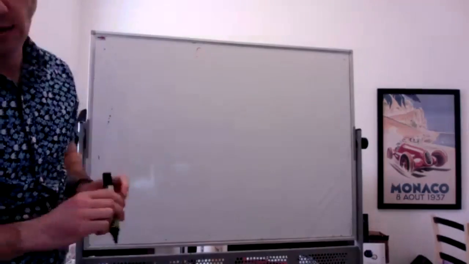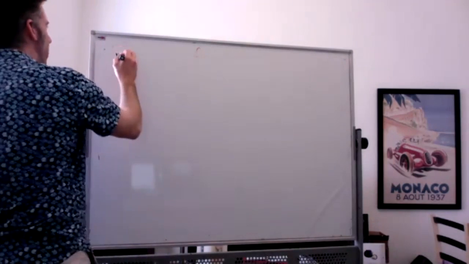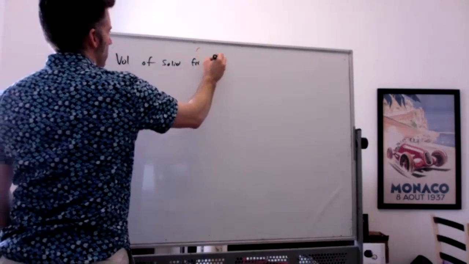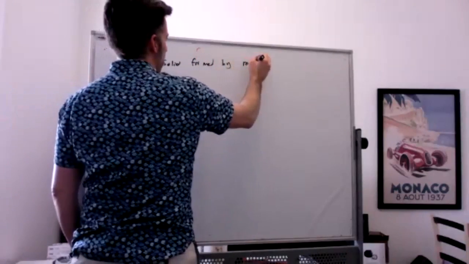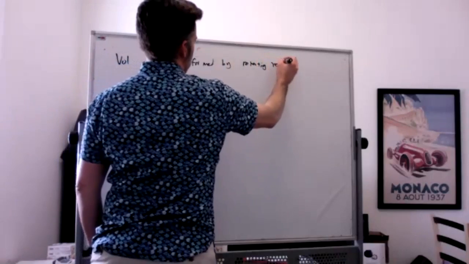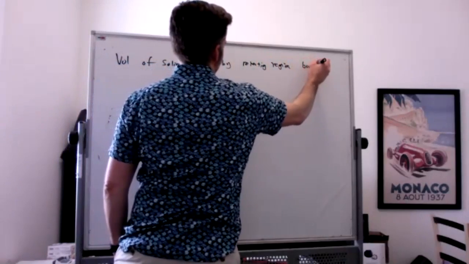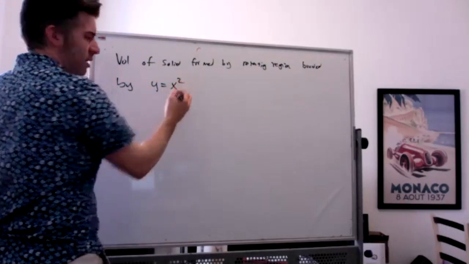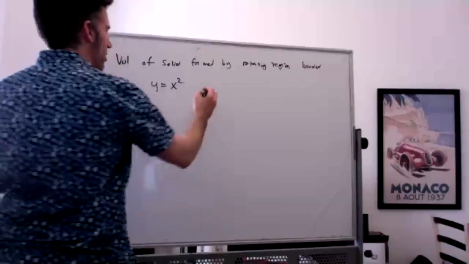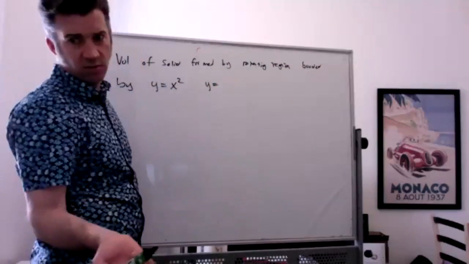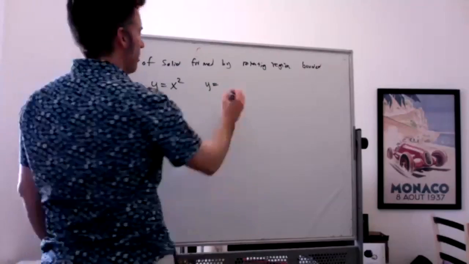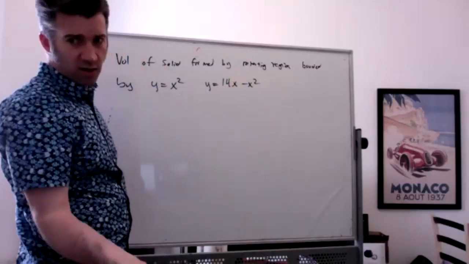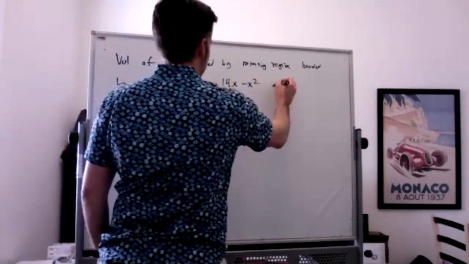So let's say I want to find the volume of the solid formed by rotating the region bounded by y equal to x squared and y equal to 14x minus x squared about the x-axis. The numbers are probably going to be terrible, that's life.